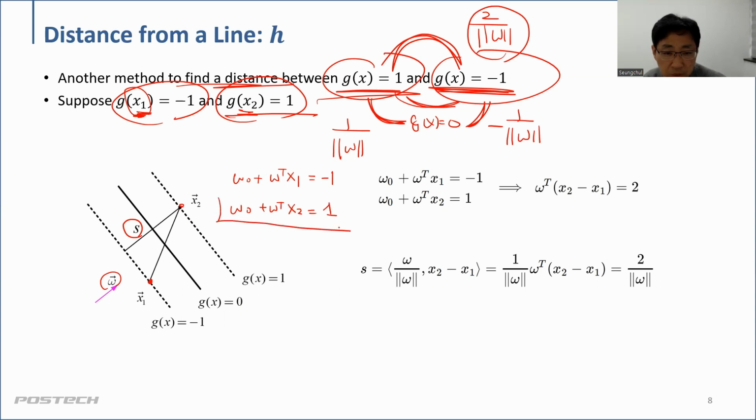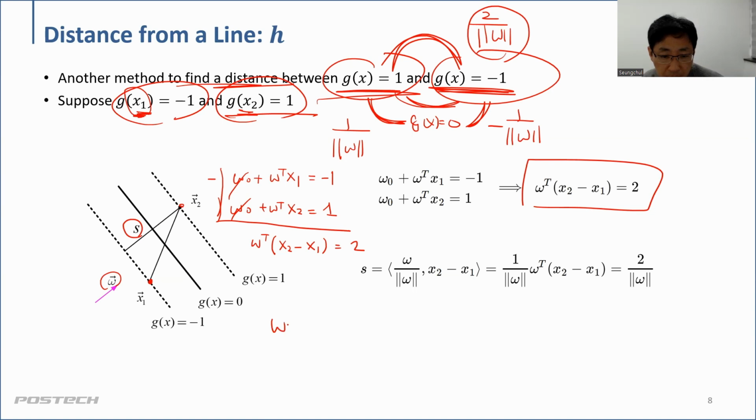If you take the difference, omega transpose times (x of 2 minus x of 1) equals 2. So we got that one.